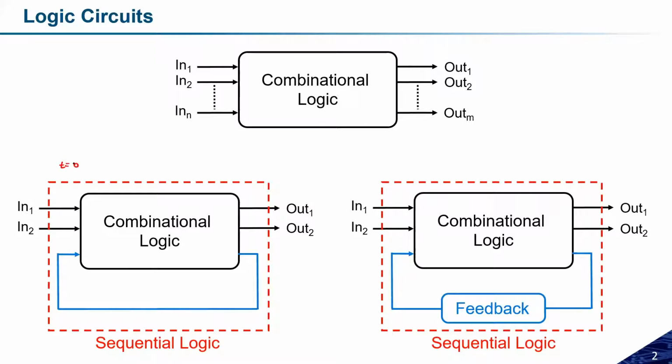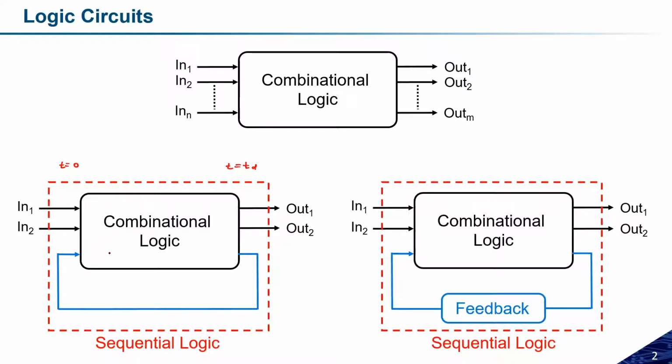I get some output after a certain delay, t equal to td, where td is the delay of this combinational logic circuit.